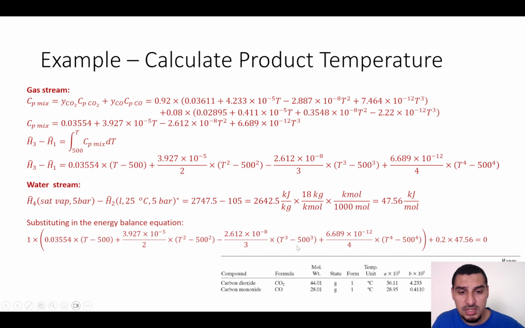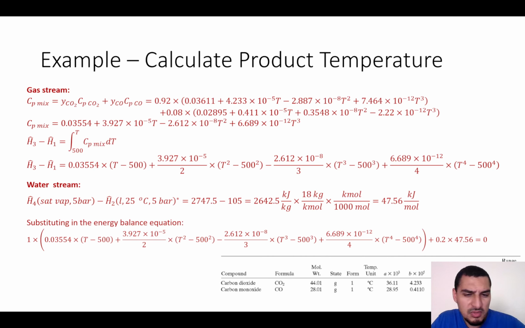I put any temperature. I know the temperature must be less than 500, so I'll put it as 400, for example, and then substitute. If 400 is the right answer, then you would see that the right hand side and the left hand side are equal, giving 0. If it's not right, I try another temperature and keep going until I reach 0. There are a lot of mathematical methods that can be used to do this trial and error.